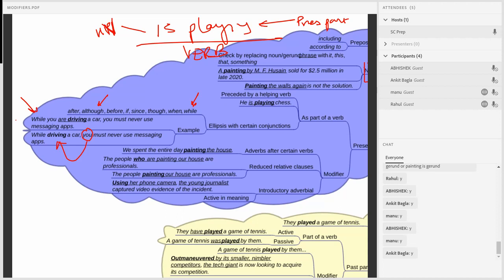Now you can understand away the subject and verb. So you're absolutely right. I can't say something like while driving a car, comma, the passenger must check whether the driver is using messaging apps. So while driving a car must necessarily be followed by the person or thing that is driving the car. So yeah, absolutely correct. So the same thing that we discussed for although applies here as well.